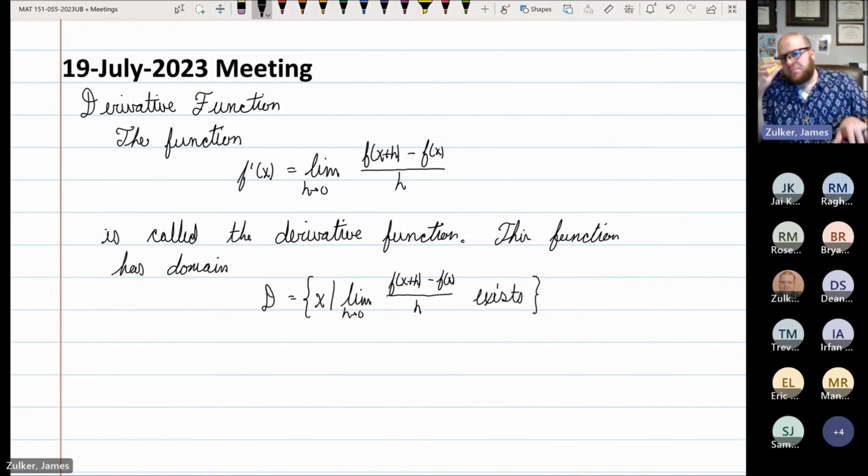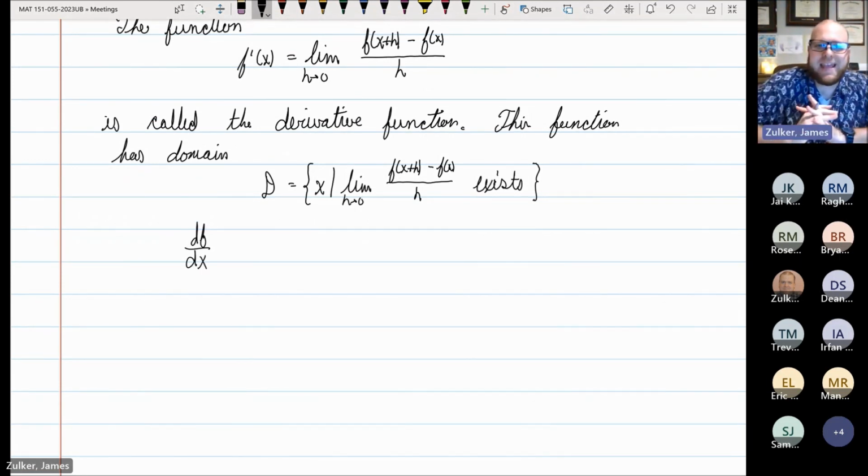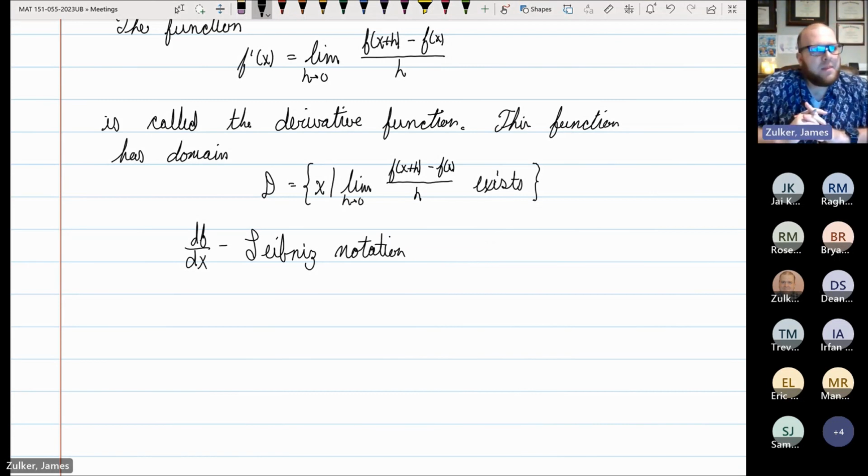There are several ways to represent the derivative function. We have f prime of x. This is called the prime notation. We also have df dx. This is known as the Leibniz notation.